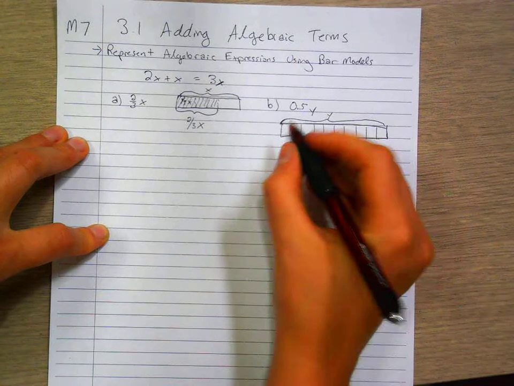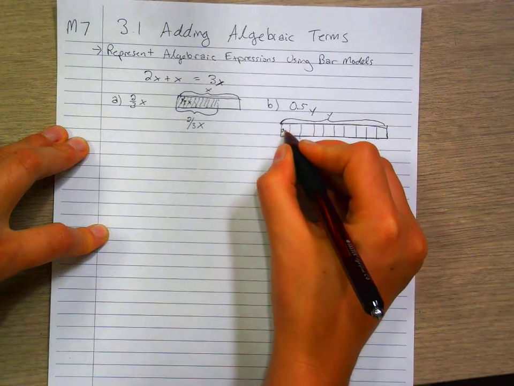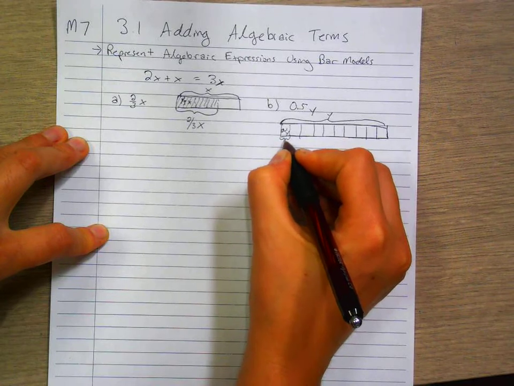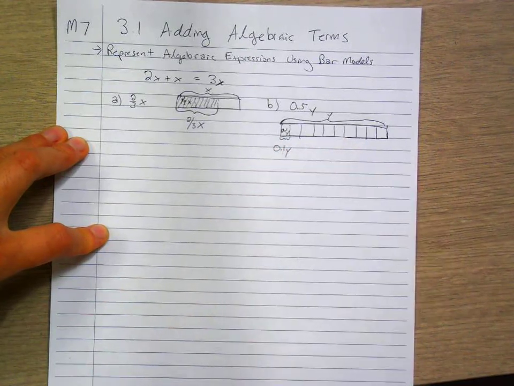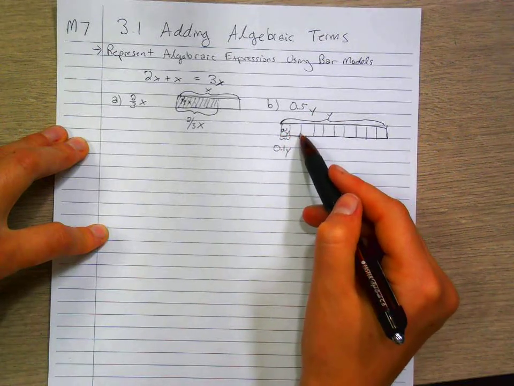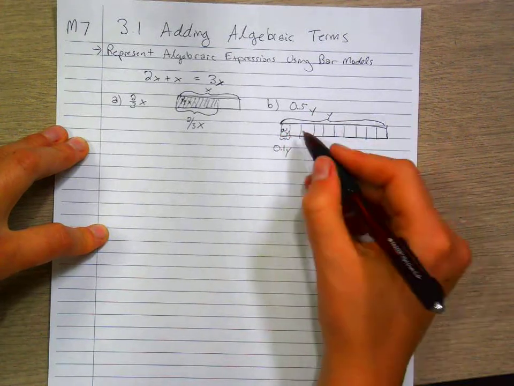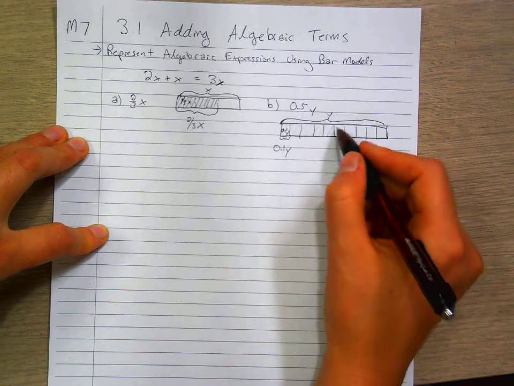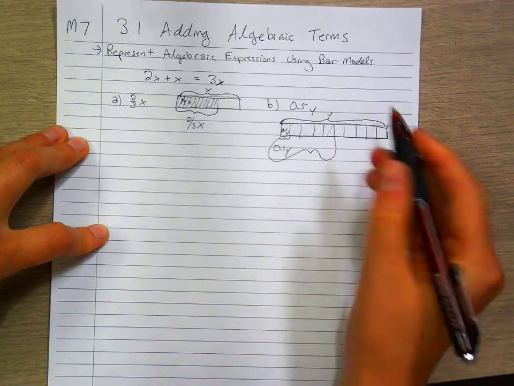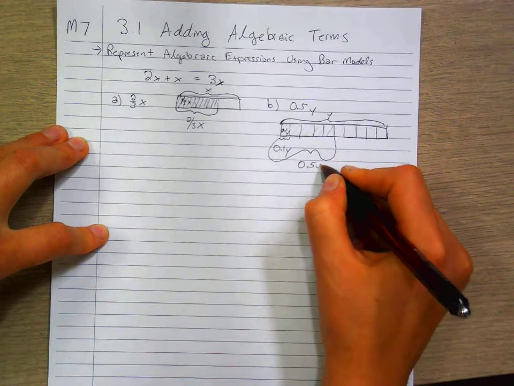Each one equals 0.1y. So if we want to say 0.5y, this is 0.1, 0.2, 0.3, 0.4, and 0.5. So all of this together makes 0.5y. Had to make it big to encompass that.